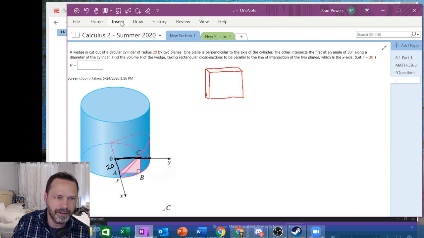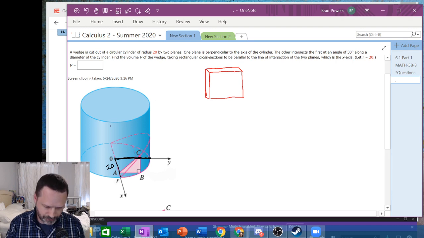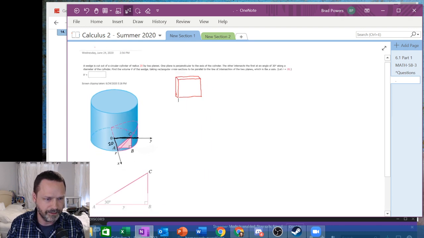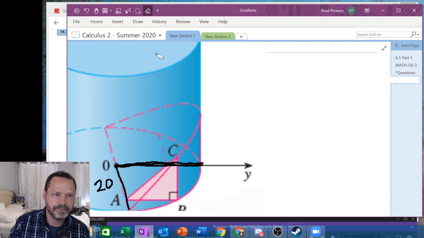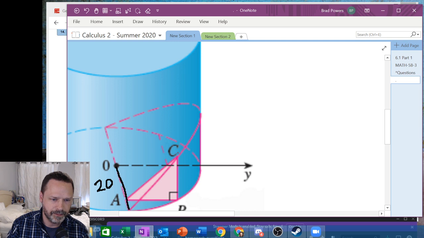And so what I'll do is I'll draw a picture. Let's see here, we can zoom in on this a little bit. And I'm going to draw what those look like, because that is where we're having trouble. So let's say we'll go up here and then go like this.